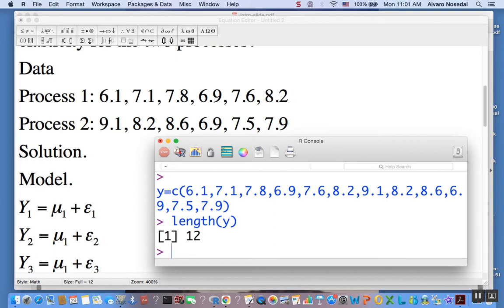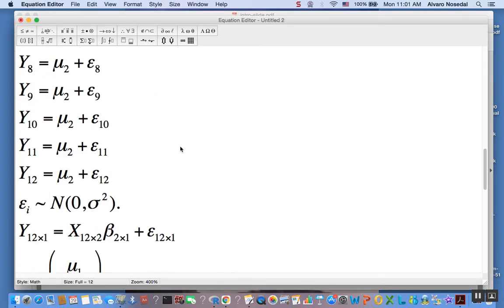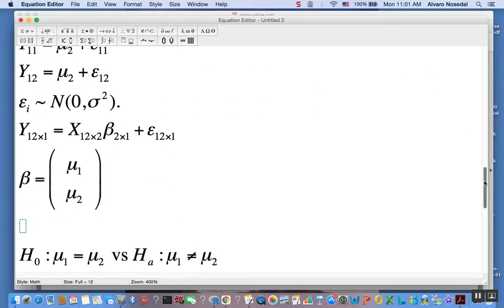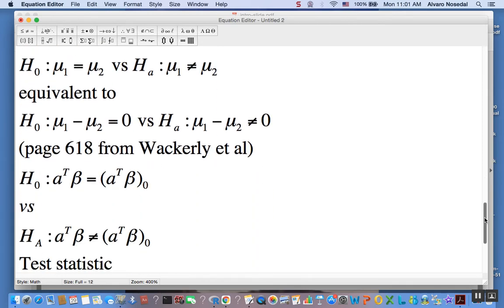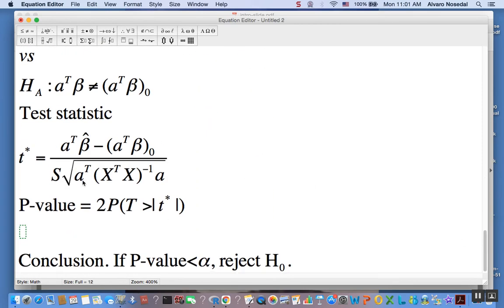Now, as you can see, we will need to construct the design matrix, because we will need it to come up with that test statistic. It's part of the denominator of the test statistic.